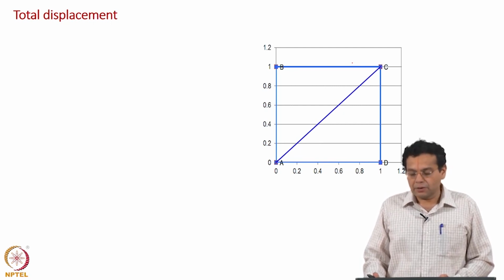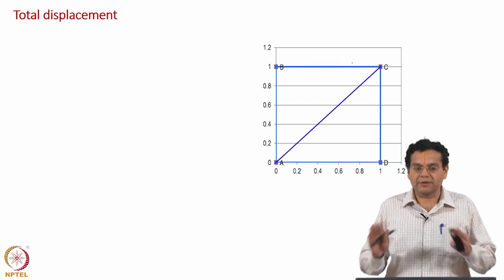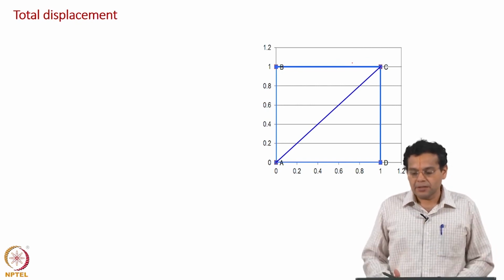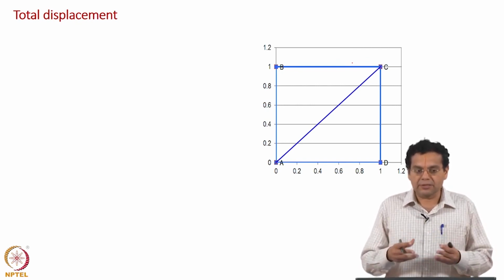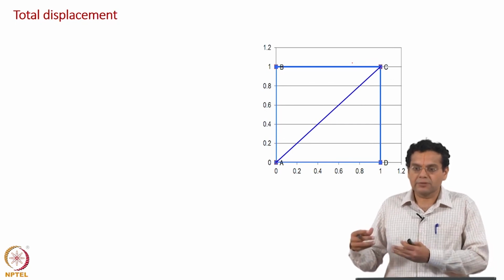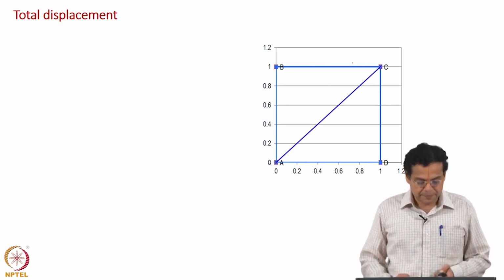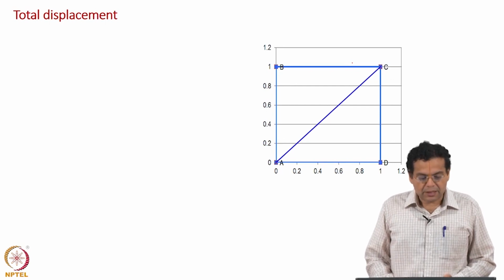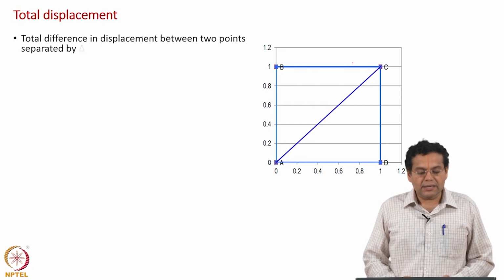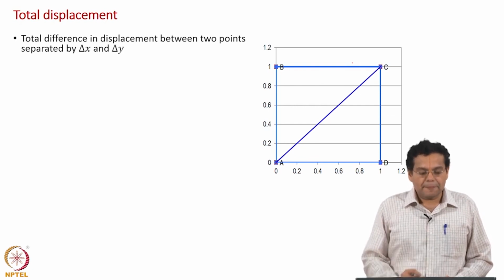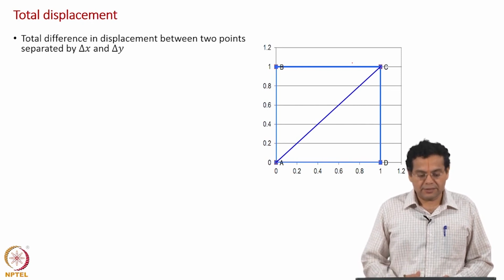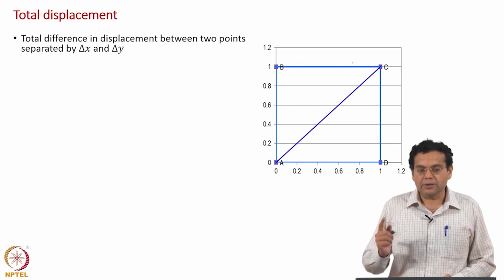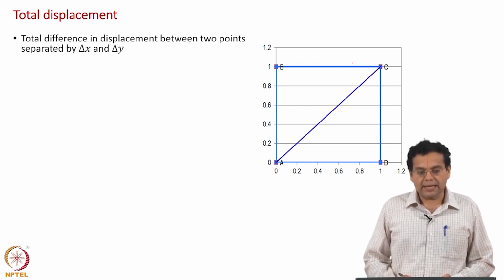We are going to arrive at the total displacement in 2 different ways, as we have done in the derivation. First in terms of the partial derivatives, more mathematically, second in terms of splitting each of the components. So, the first method, total displacement. We are going to look at difference in displacement. As we have discussed, difference in displacement takes care of translation. Now, how do you write the total difference in displacement between 2 points separated by delta x, delta y?